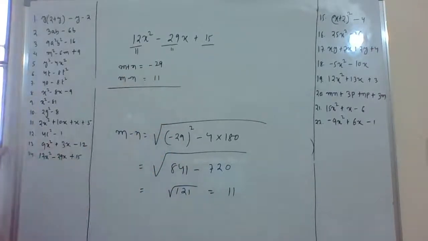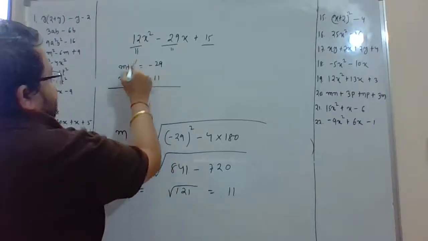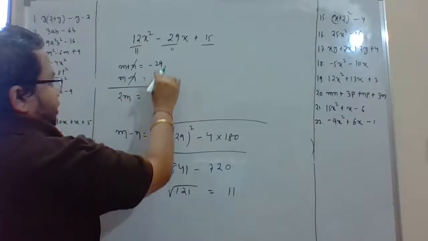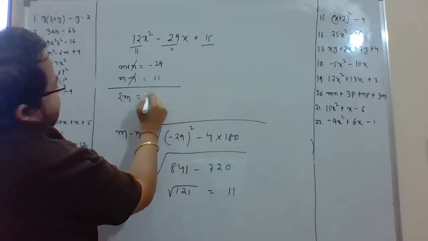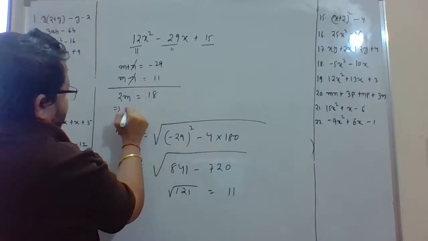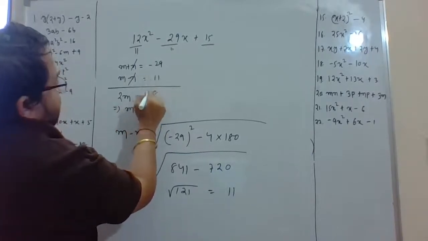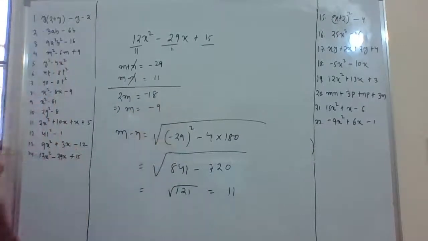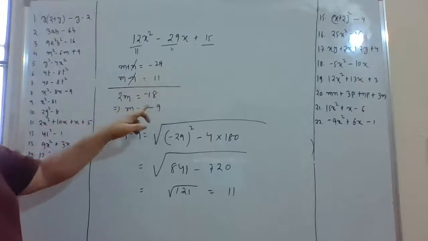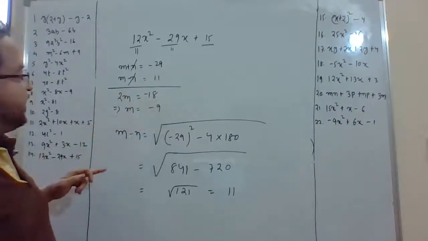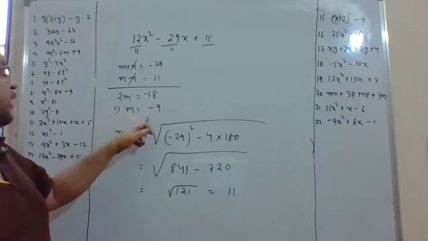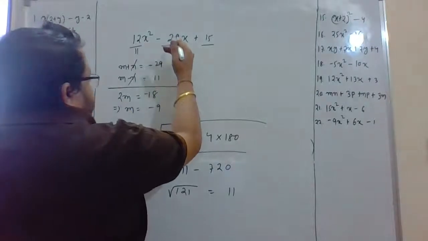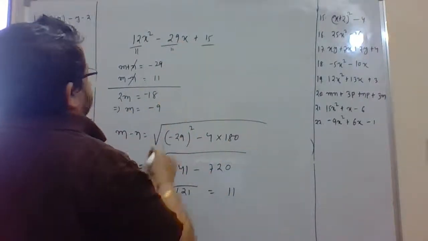So if I add both these equations, N and N will get eliminated, and 2M is nothing but minus 29 plus 11, which is minus 18, or M equals minus 9, right? Minus 29 plus 11 is minus 18, and then obviously M equals minus 9. Very good. Now, if I subtract one from the other, let's see what I would get.